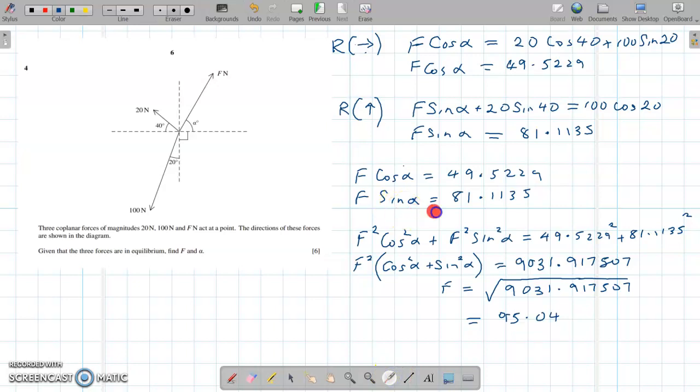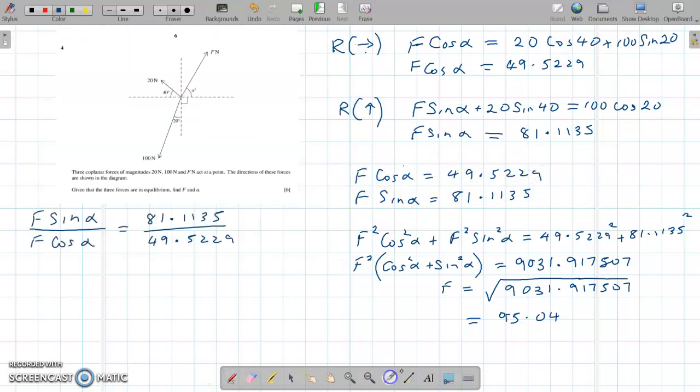Now to work out alpha independently of F, we're going to divide one by the other. We're going to divide this one by that one. So we'll end up with sine alpha over cos alpha, which is tan alpha. So we've got F sine alpha over F cos alpha equals 81.1135 over 49.5229.